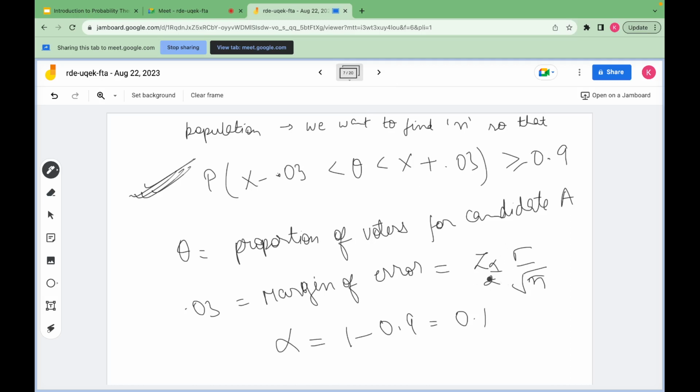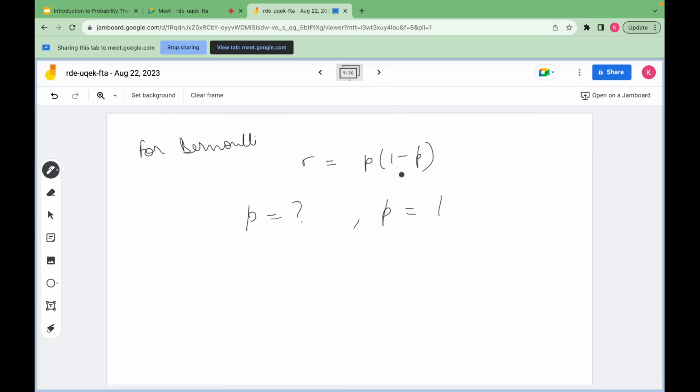the margin of error is z alpha by 2 into sigma. If this becomes 0, then we cannot find the n value, and we need to find the maximum value of n. So for that we want this sigma to be maximum. We can differentiate this with respect to p and equate it to 0.